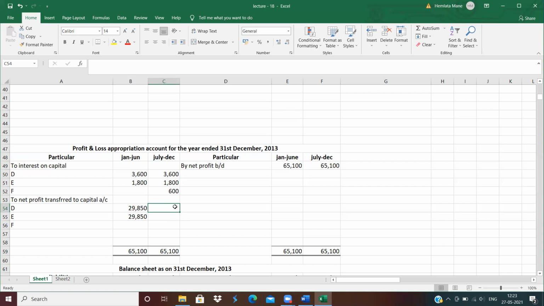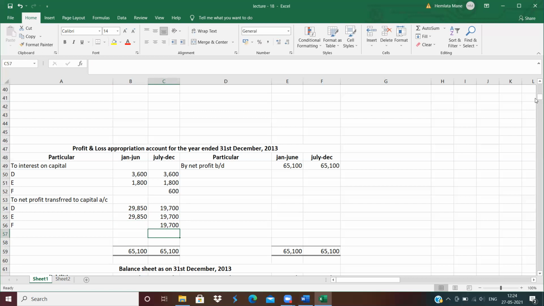The difference is 89,100. So distribute this between three partners. That is 29,700 each, because after 6 months there are three partners in the business.